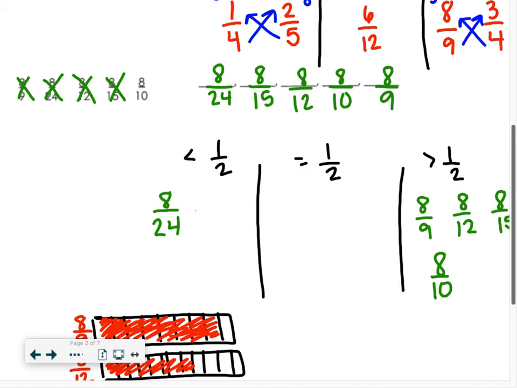So if you are trying to put fractions in order, and they all have the same numerator, so the same number on top, the ones with the smallest denominator is going to be the greatest. So you almost have to think about it backwards. If they all have the same number on top, the biggest fraction is going to have the smallest number on the bottom.